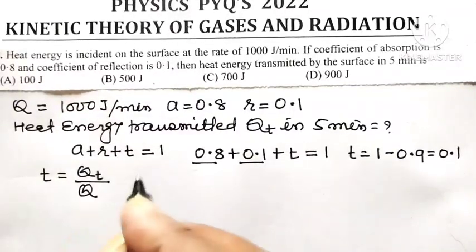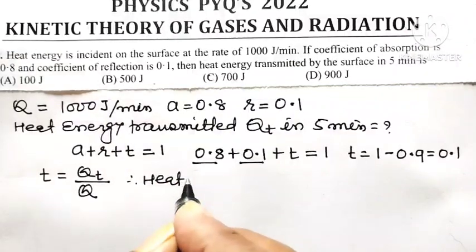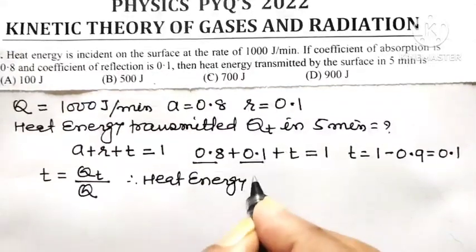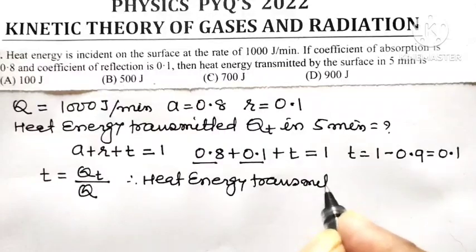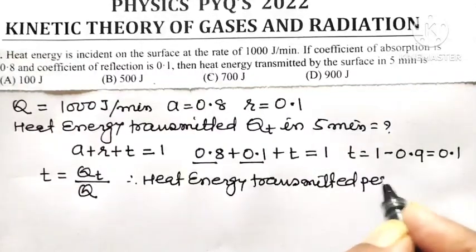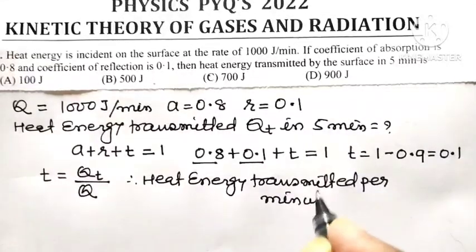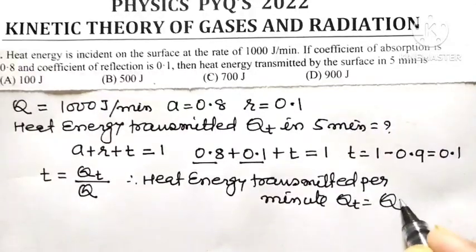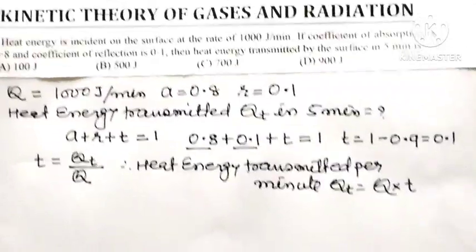incident on the body. Therefore, heat energy transmitted per unit time, or per minute, is equal to QT, and that QT is equal to Q multiplied by this coefficient of transmission t.